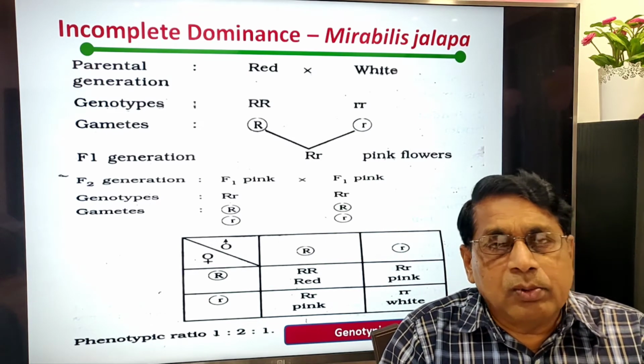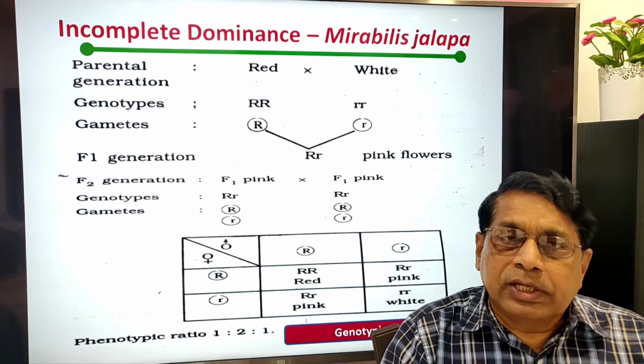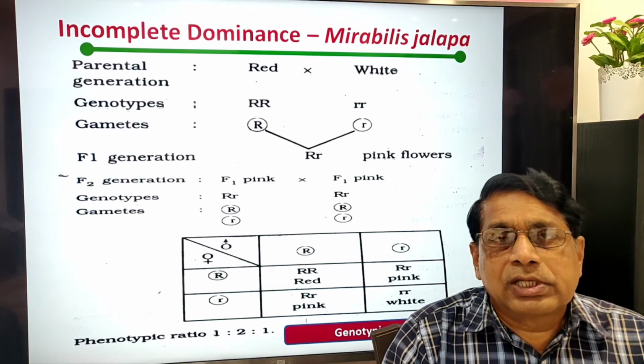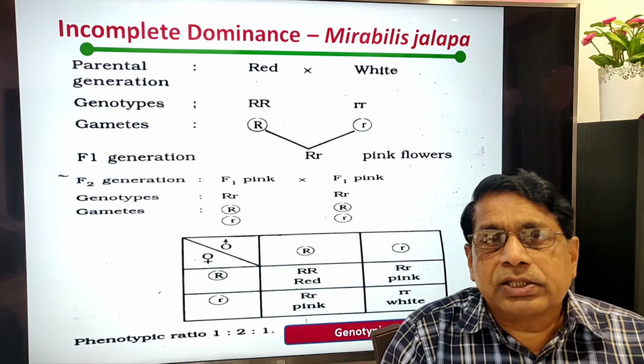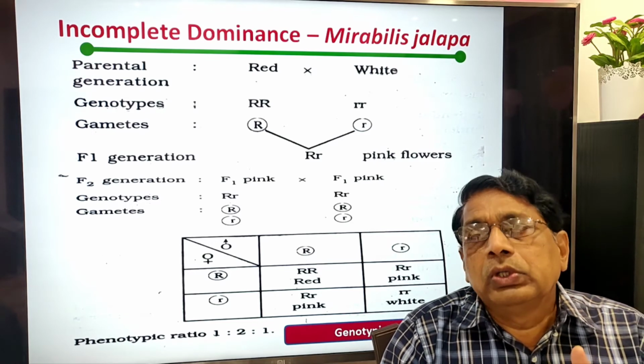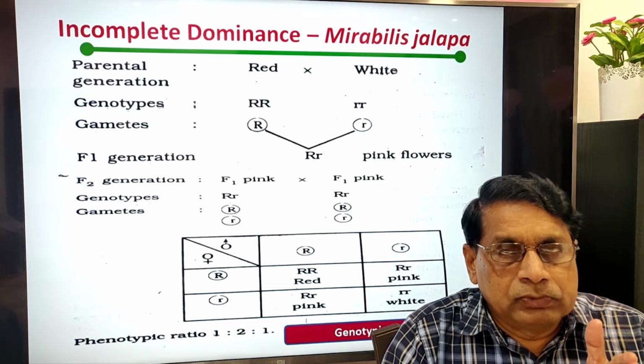So these were confirmed by Mendel and later scientists, selecting other plants and other characters, that the law of dominance is not always true, but sometimes it will be incomplete.